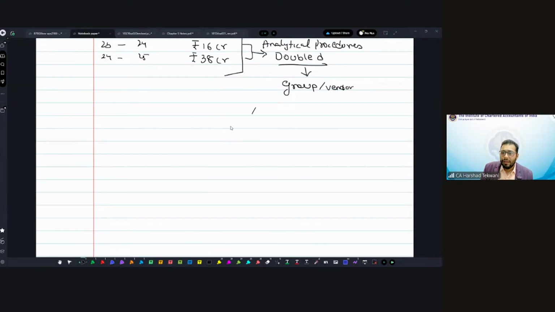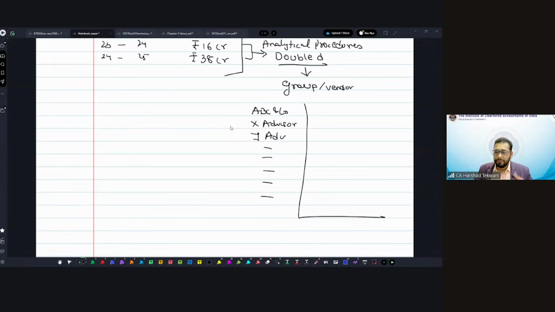Let's say ABC and Company was there, X Advisors were there, then Y Advisors, like this, multiple legal providers. Now you will see the graph of all. You will perform analytical procedures year on year.